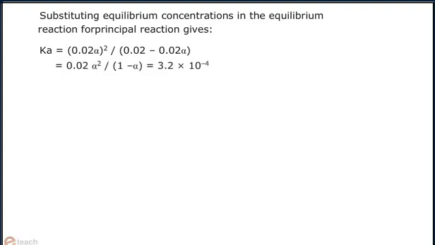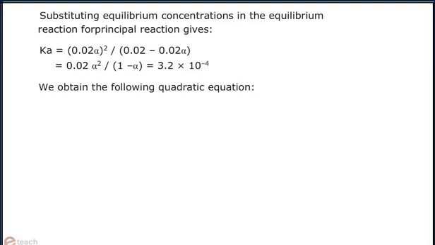Substituting equilibrium concentrations in the equilibrium expression for the principal reaction gives Ka equals (0.02 alpha) squared upon 0.02 minus 0.02 alpha, which on simplifying we get 0.02 alpha squared upon 1 minus alpha, which is equal to 3.2 times 10 to the power minus 4.